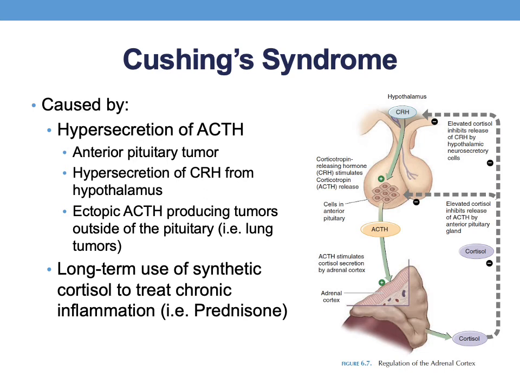If you have a lung tumor in one of those ectopic tissues that secrete adrenocorticotropic hormone, it can also lead to Cushing syndrome. Long-term use of synthetic cortisol can also cause this.